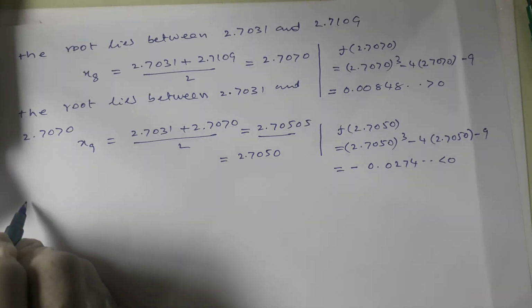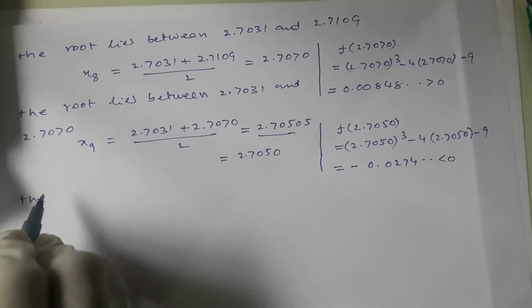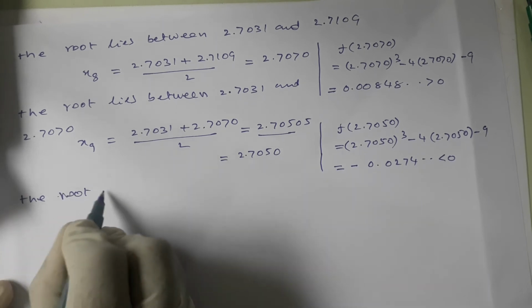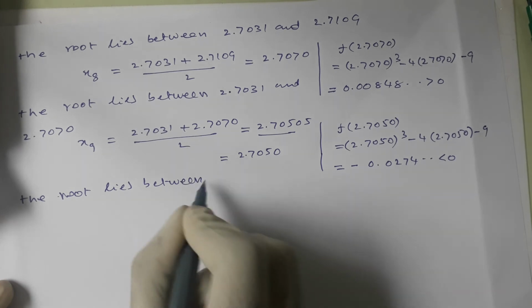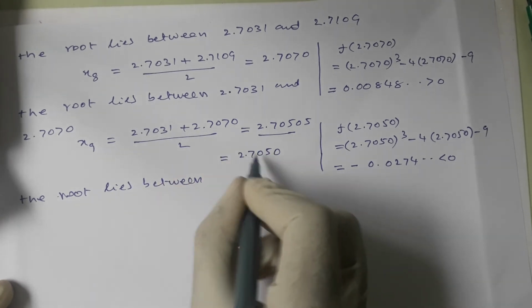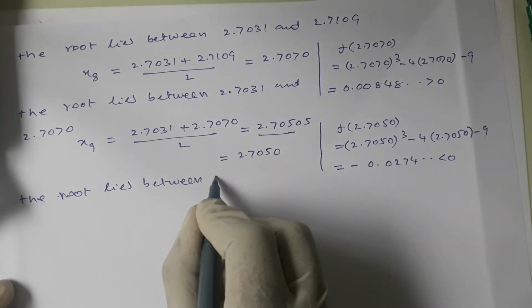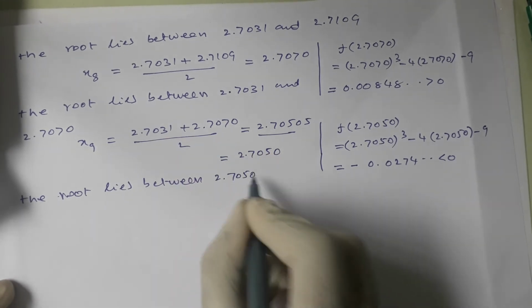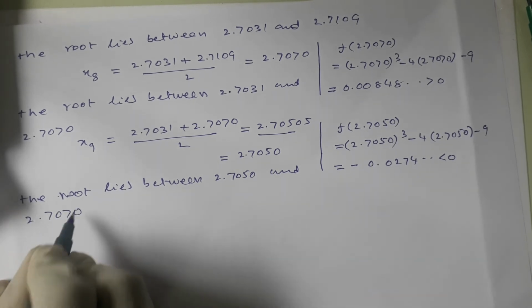So the root lies between, as minus value, this value and its right side value. It is 2.7050 and its right side value is 2.7070.